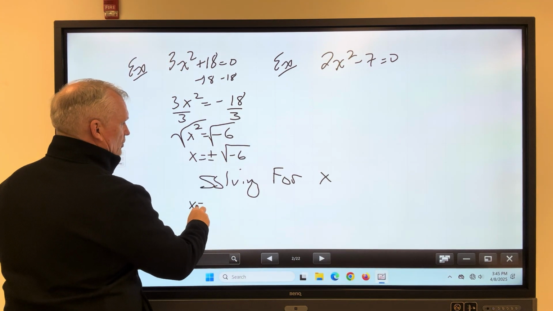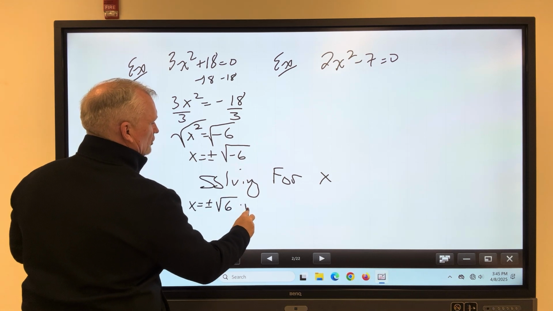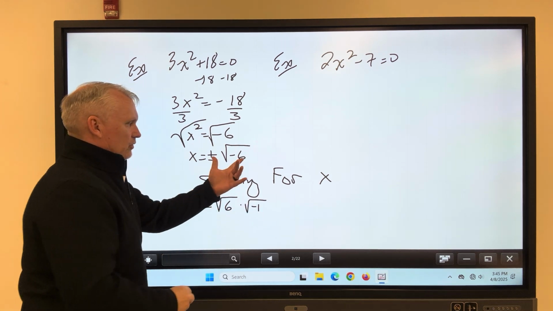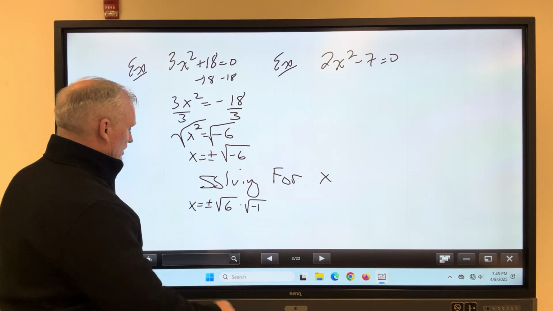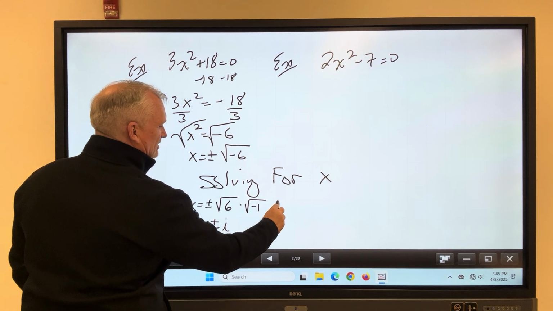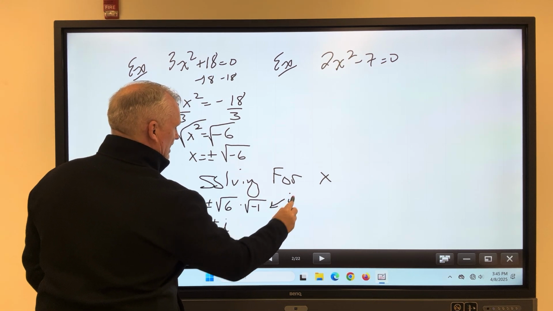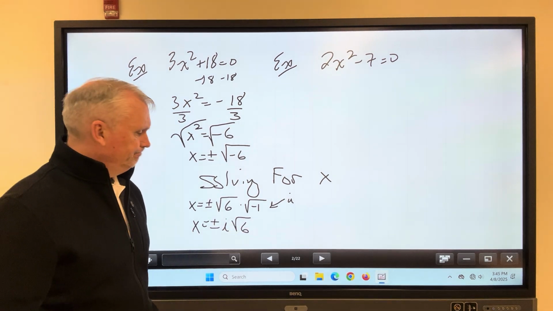So x is equal to plus or minus the square root of 6 times the square root of negative 1. Remember, I can split that up. What is the square root of negative 1? This is I. So x is equal to plus or minus I square root of 6. And you can leave it just like that. Okay?